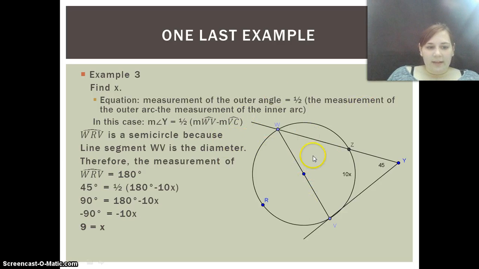So we take the measurement of y is 45 degrees is equal to 1/2 the outer arc, which is 180, minus this inner arc, which is 10x. So we times by 2 to get 90 equals 180 minus 10x. And then we subtract 180 from both sides and divide by -10. And we get that our x is 9.